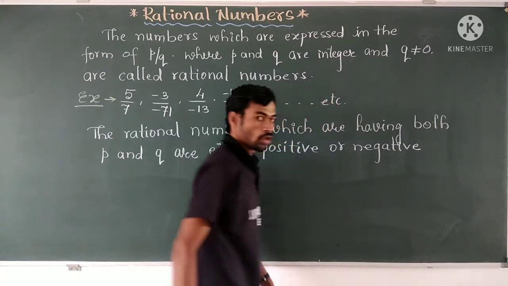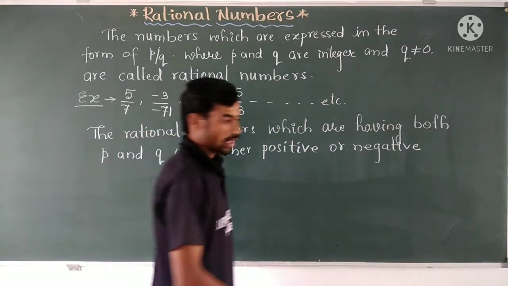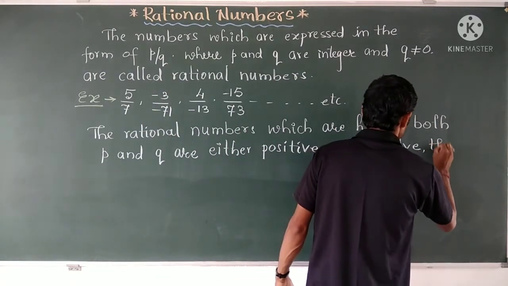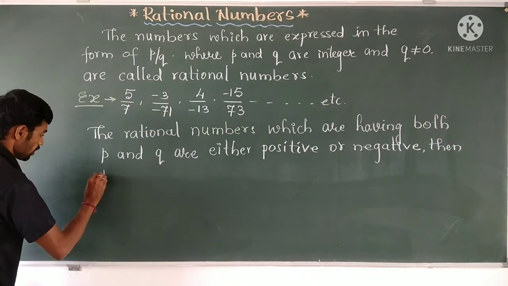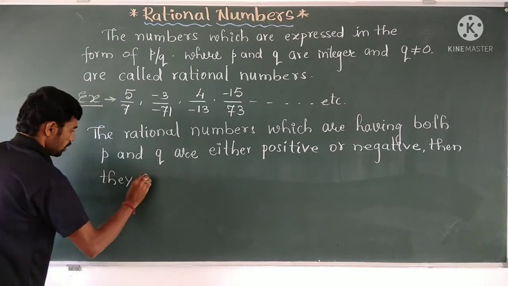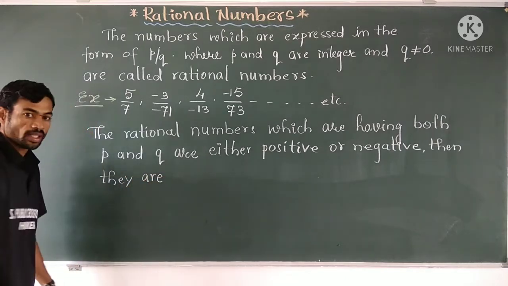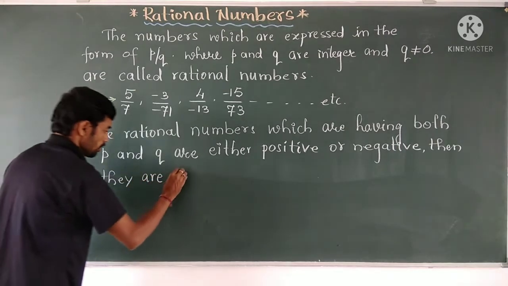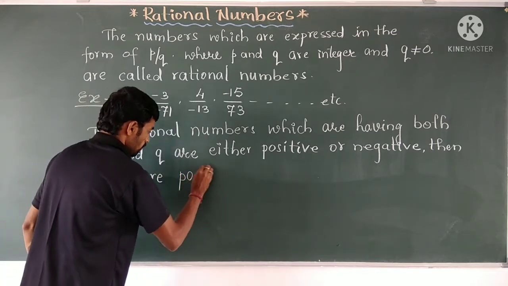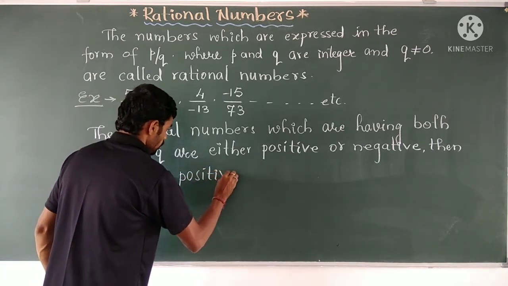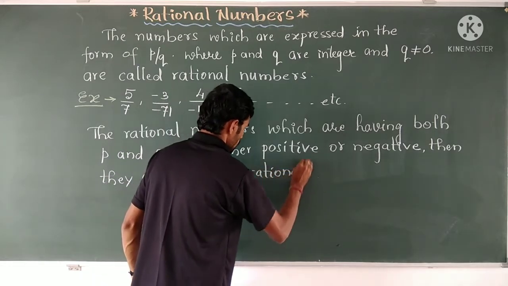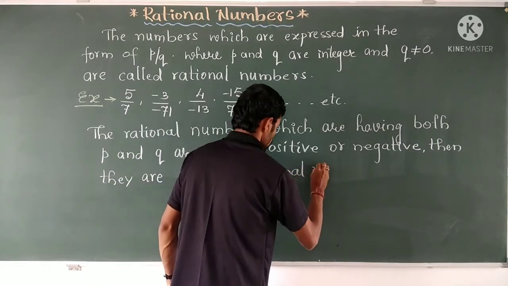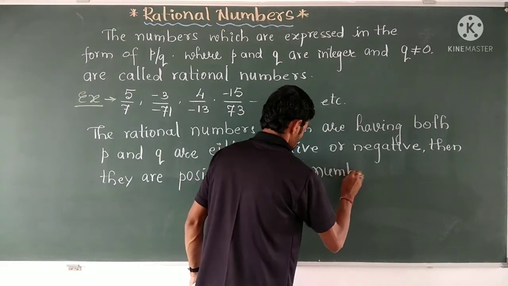Both P and Q are positive or both are negative. Then they are positive rational numbers.